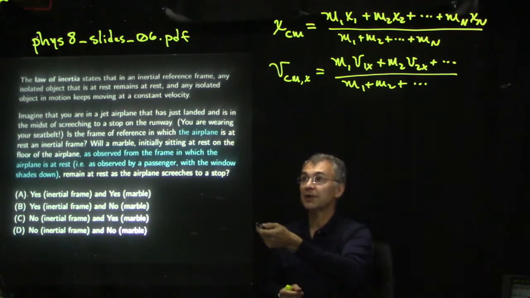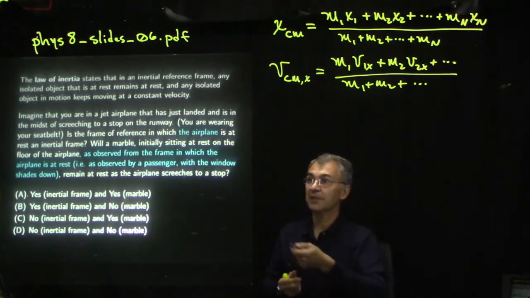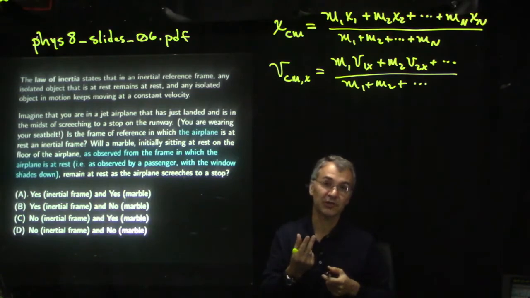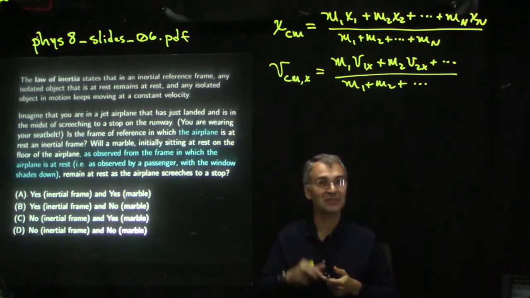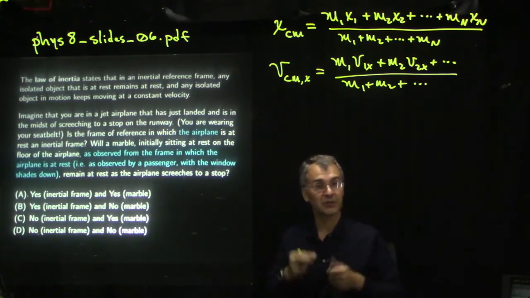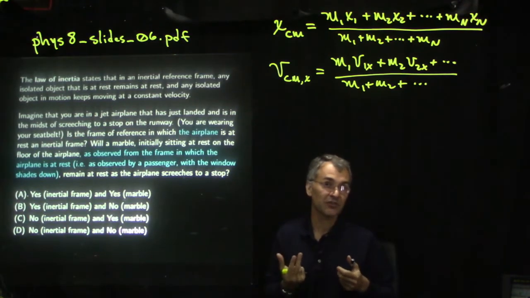So if you observe the inside of the airplane from the perspective of that frame, the frame seen by the camera attached to the ceiling of the airplane, the seats of the airplane are at rest according to that camera. And the airplane body, the airplane chassis, is at rest as seen by that camera.